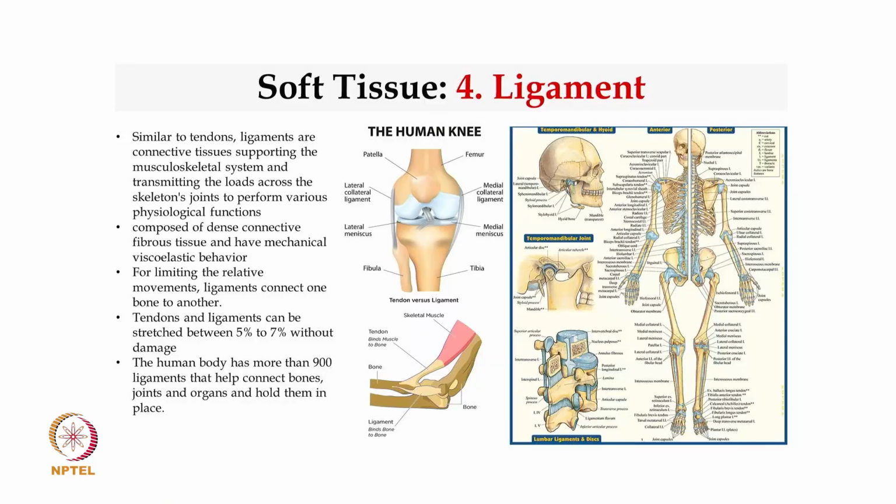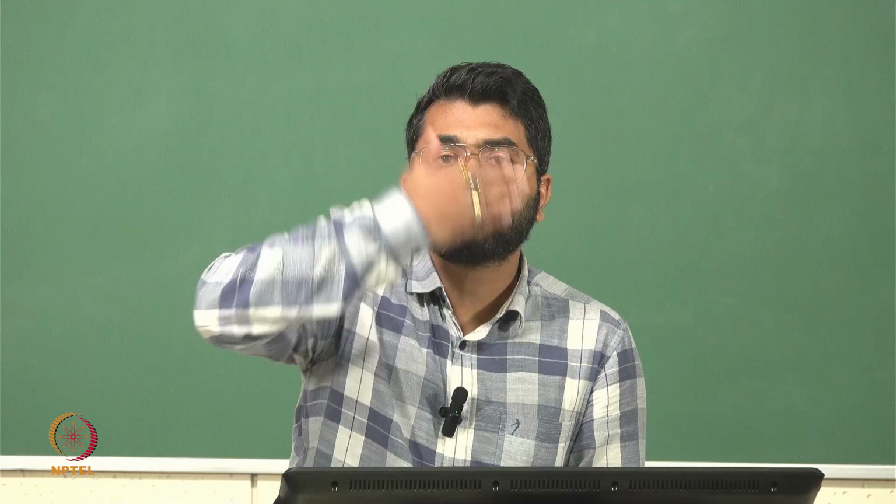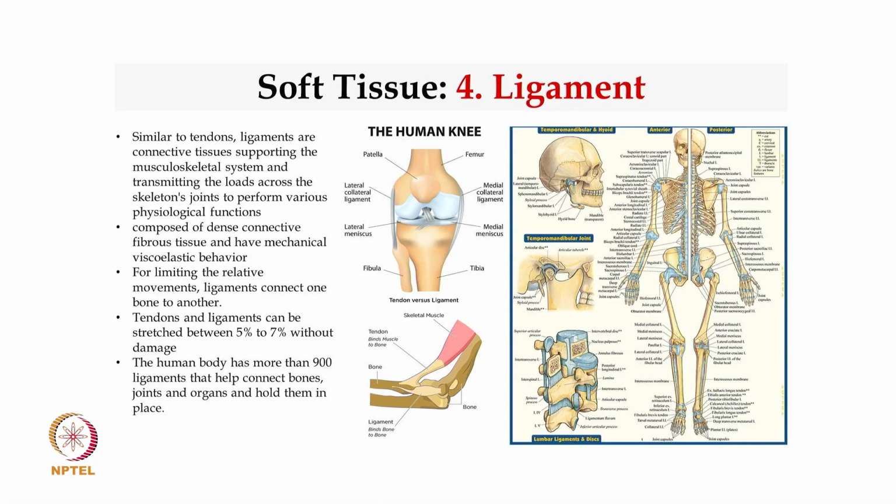Having said that, if you look at the anatomy picture on the right, if you break down the human body into halves, anterior and posterior, anterior is basically the front half and posterior is the back half, you can see n number of ligaments out of these 900 which I just spoke of, right?